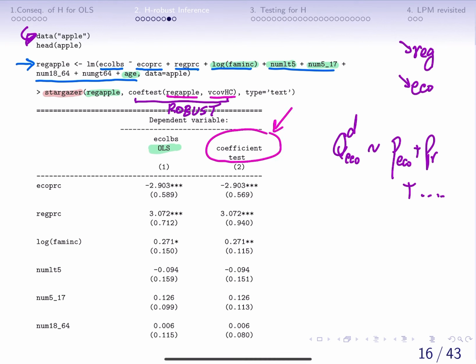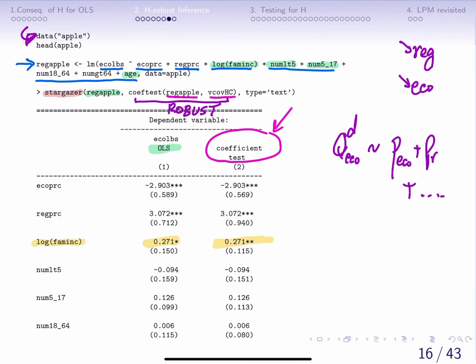This is giving us a robust inference, and you can already notice that there are some things that are changing. For example, the level of significance of log of family income. Notice that in our robust inference, this is way more significant than what it was here. Sometimes you might even find that the significance goes away completely, or some things become significant when they weren't significant under regular OLS.